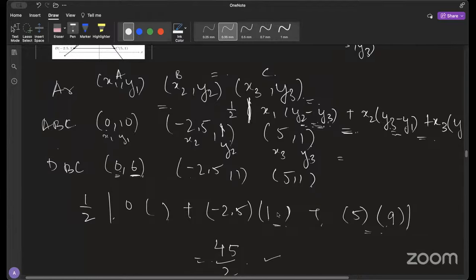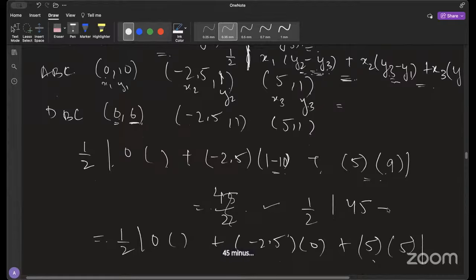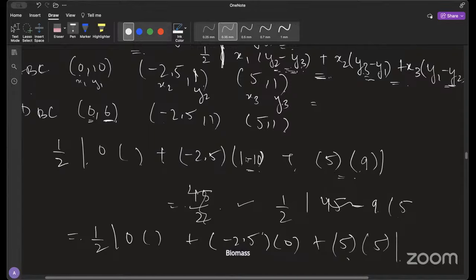One minus 10. Then it should be half 45 minus, let's just do 9, 5, and then minus 9, right? And you'll have plus 2.5 there, right?